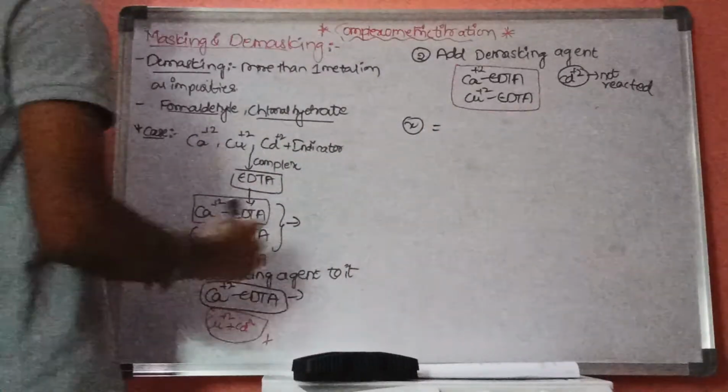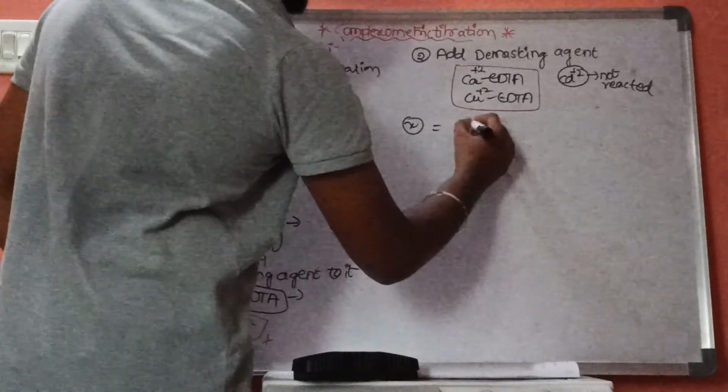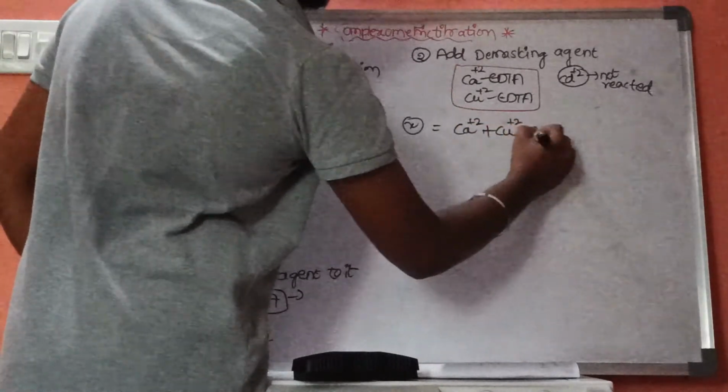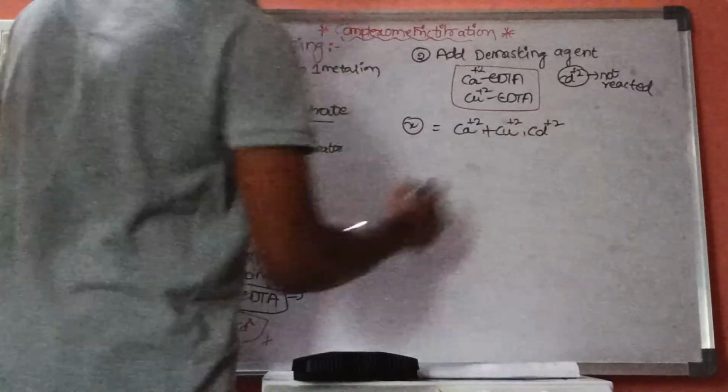X is equal to calcium plus copper plus cadmium.